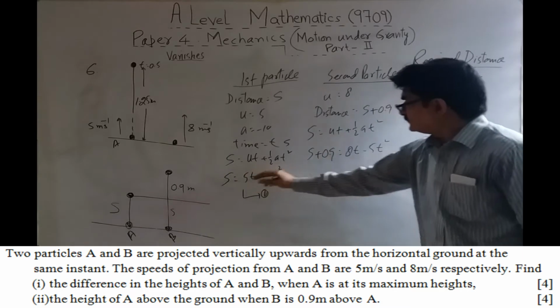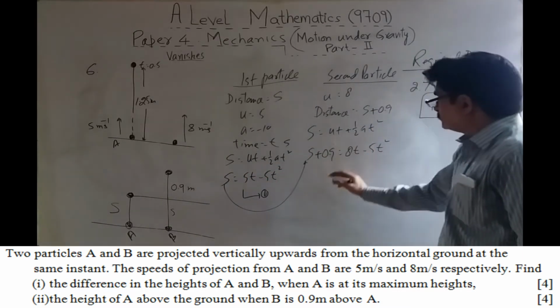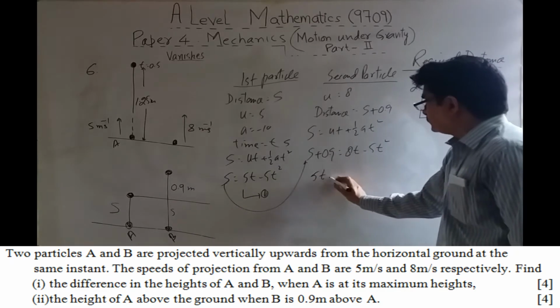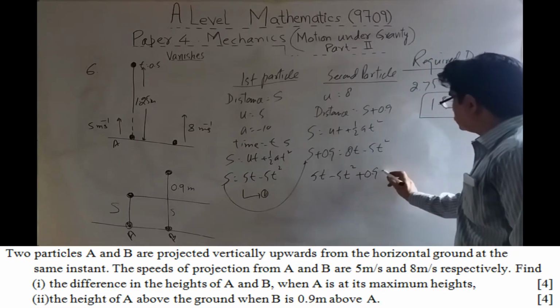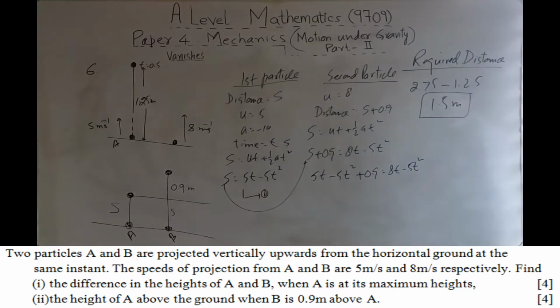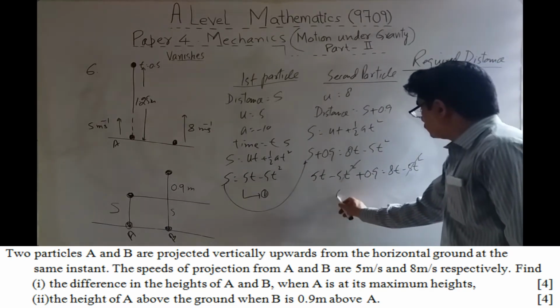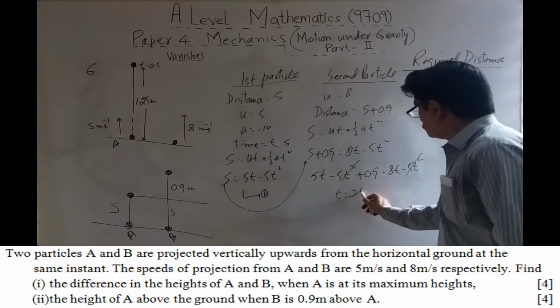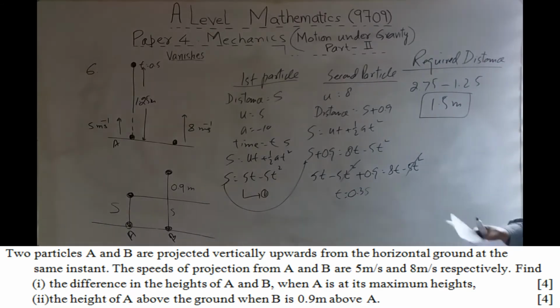Now putting the value of s into this equation, putting the values here, this is 5t minus 5t square plus 0.9, equal to 8t minus 5t square. These steps are of course very important. The 5t square cancels out, to simplify, from here you will get the value of t to be 0.3 seconds. So we have found the time 0.3 seconds.